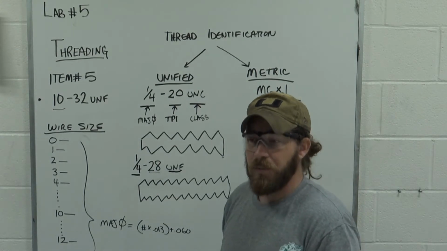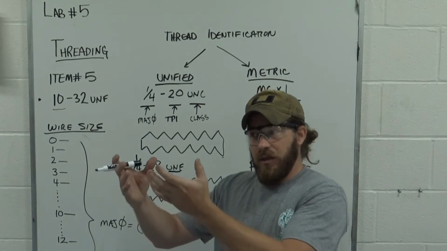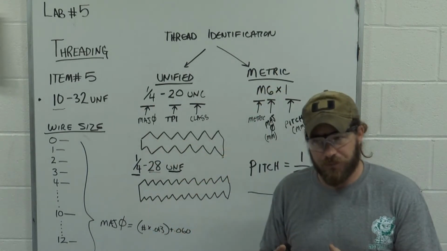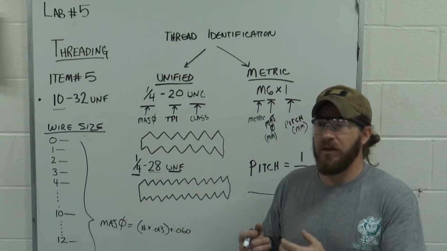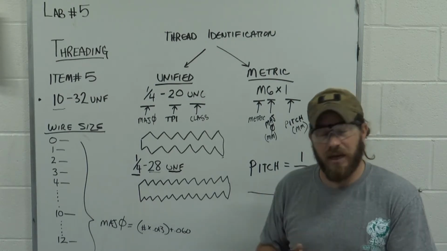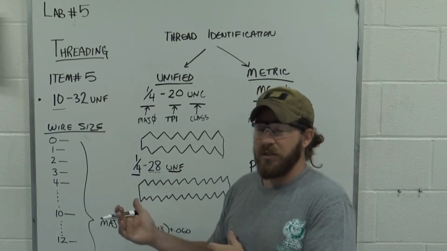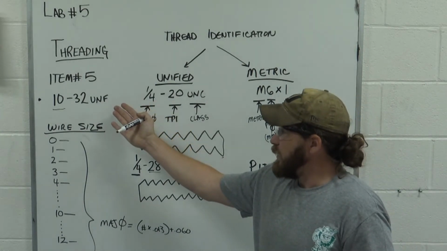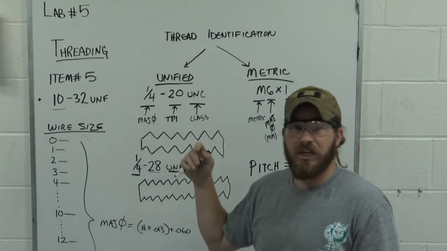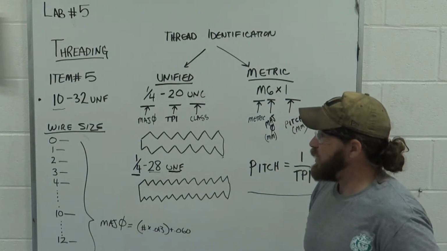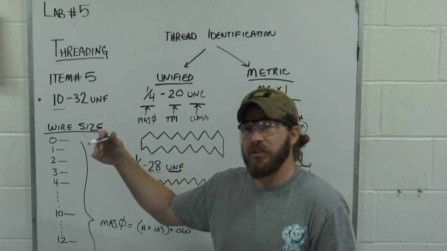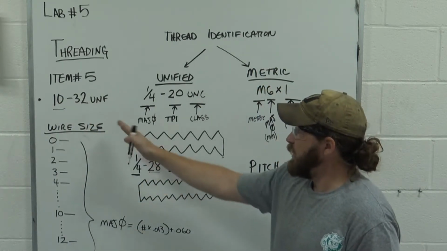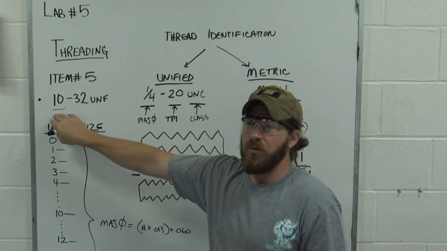So what happens is every thread below a quarter inch is assigned a number. Sometimes they're called wire sizes or just numbered threads. So it's important to know what the major diameter of this is. I know it's going to be below a quarter inch.